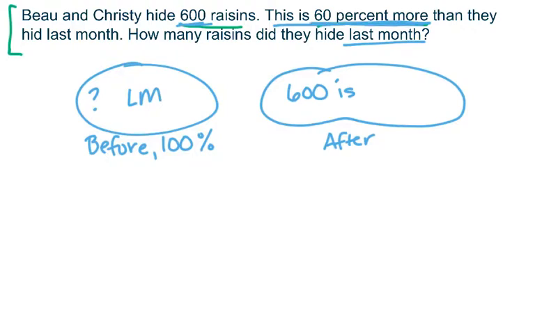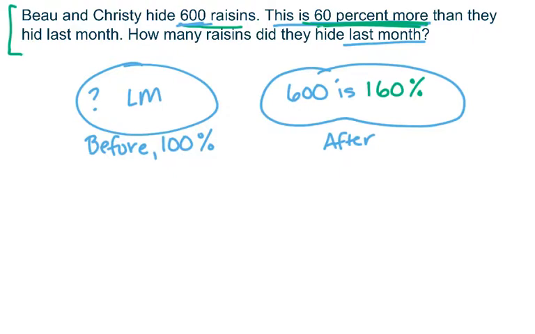Now here's the tricky thing. It's not saying that it's just 60%. It's saying it's 60% more. So we need to look at it as 160%. If you have the same amount this month as last month, that equals 100%.